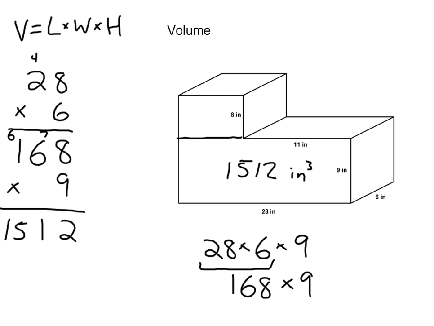Now we need to repeat the same procedure for the top step. However, the top step is a little trickier because we're missing one of the dimensions. We know that since the width of the bottom step is 6 inches, the width of the top step must also be 6. So we have the width, but we don't have the length.